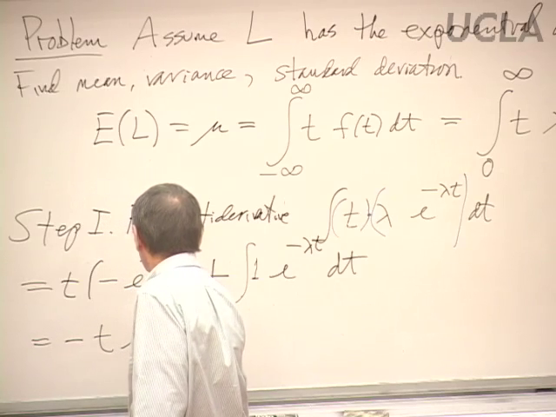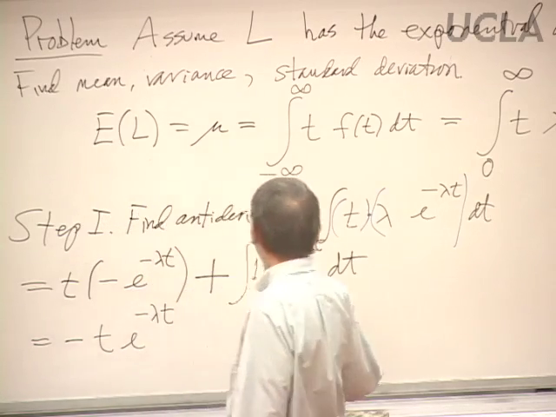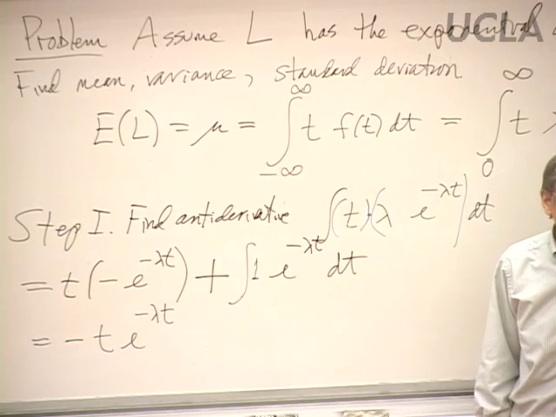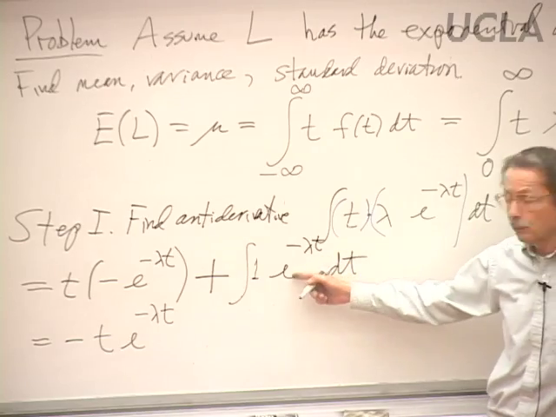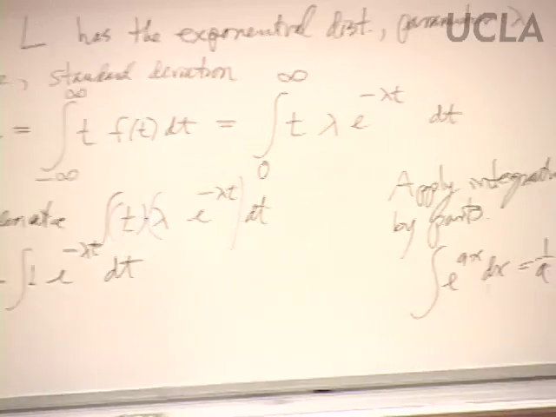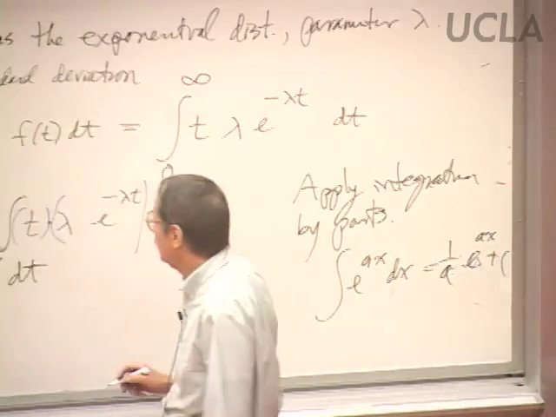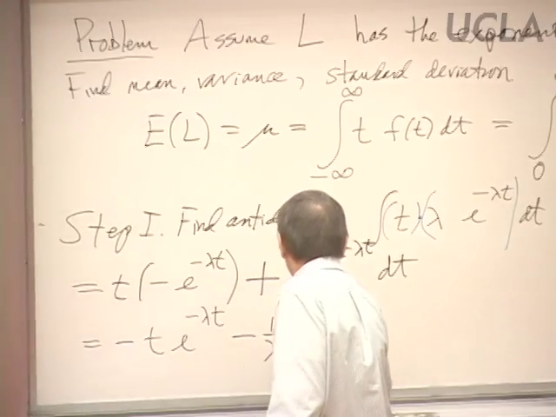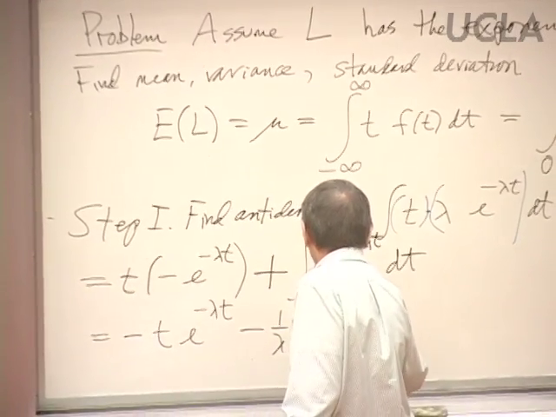Okay, so we've got that first term here. And now we have to do the second integral. But this we know, because it's this. So we have a minus 1 over lambda e to the minus lambda t.